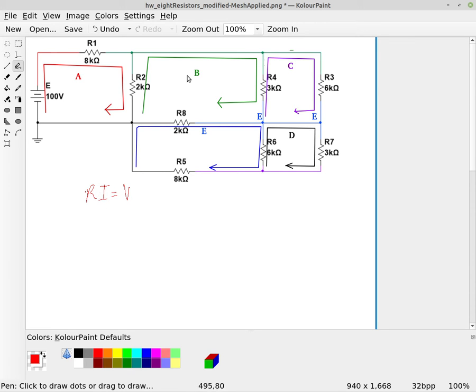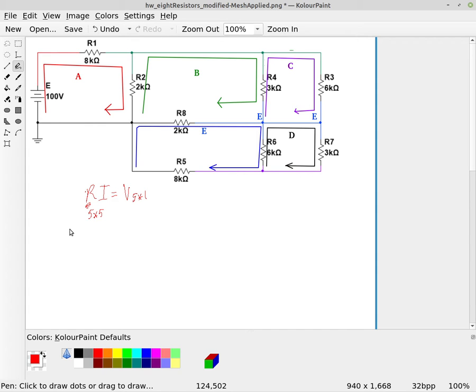And so we have 5 different loops. So the R matrix is going to be 5 by 5. Okay, the R matrix is always square, and the voltage and the current matrix are going to be 5 by 1. So they're going to have 5 rows but only 1 column to them.